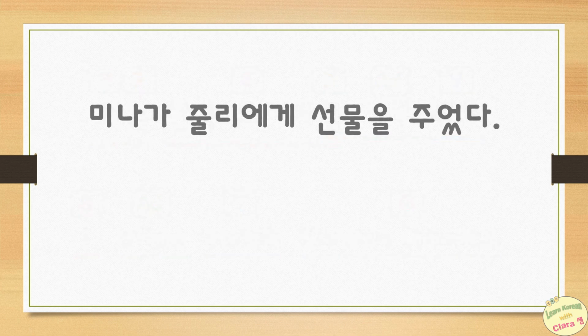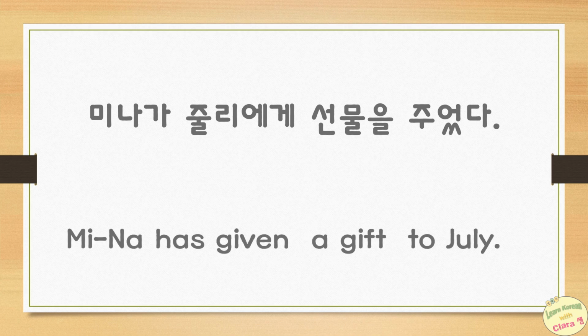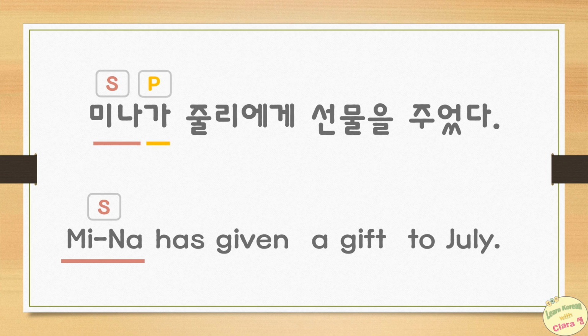The last example is when a direct object and an indirect object are used in the same sentence. What would be the position of each of these two objects? 미나가 줄리에게 선물을 주었다. Mina has given a gift to Julie. The sentence in Korean begins with the subject Mina, just like in English, followed by the subject marking particle 가, then Julie, the person to whom Mina gave a gift, followed by the particle 에게.